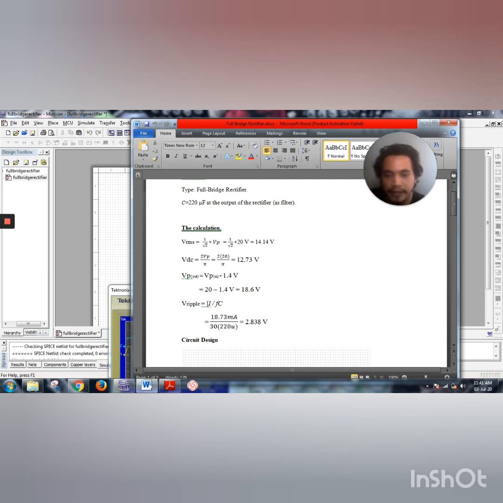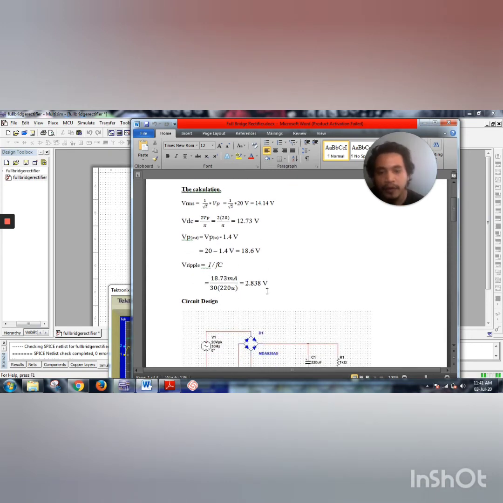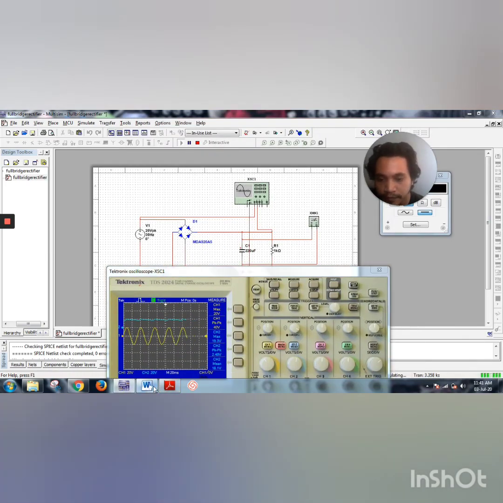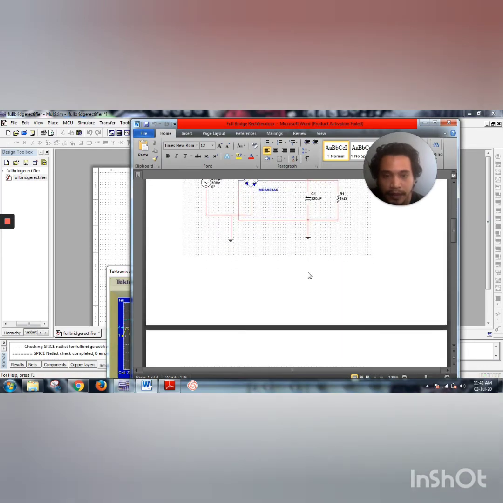This is how we calculate the V ripple, with current over frequency times capacitance, and we got 2.838. This is the circuit design.